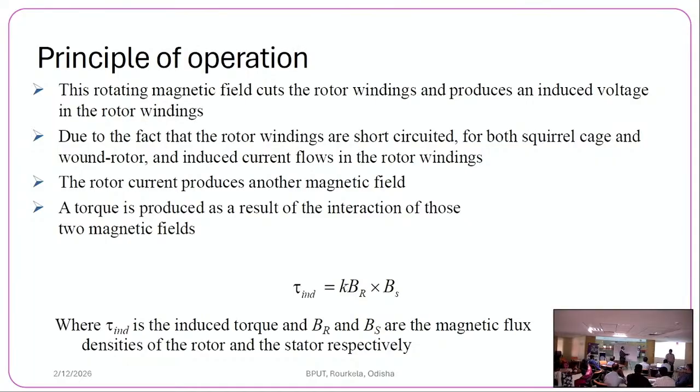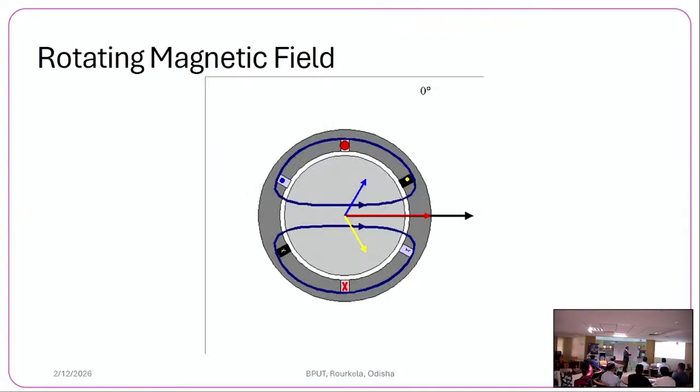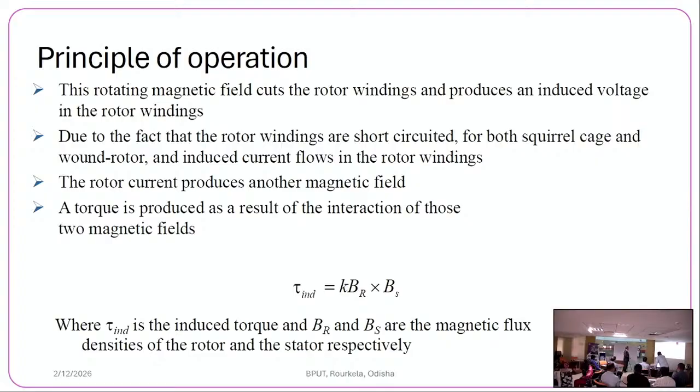And what is that synchronous speed? The magnitude of the speed is 120 into F by P, where F is the frequency and P is the number of poles. So that way synchronous speed is defined.